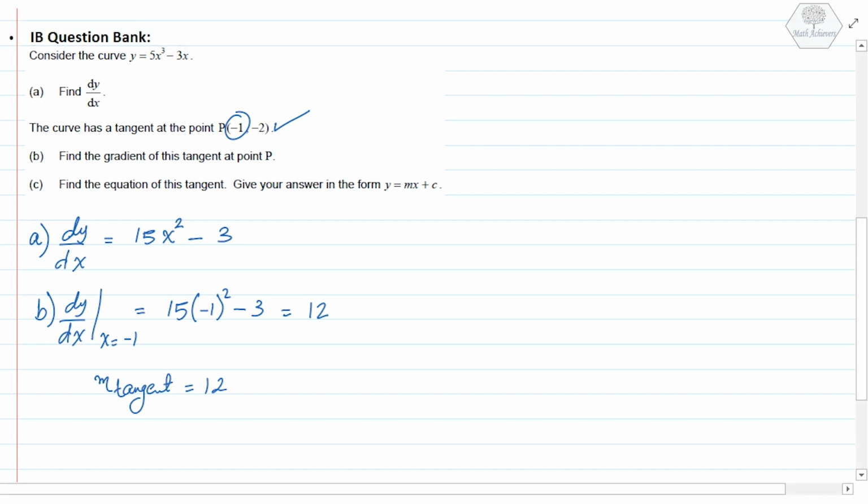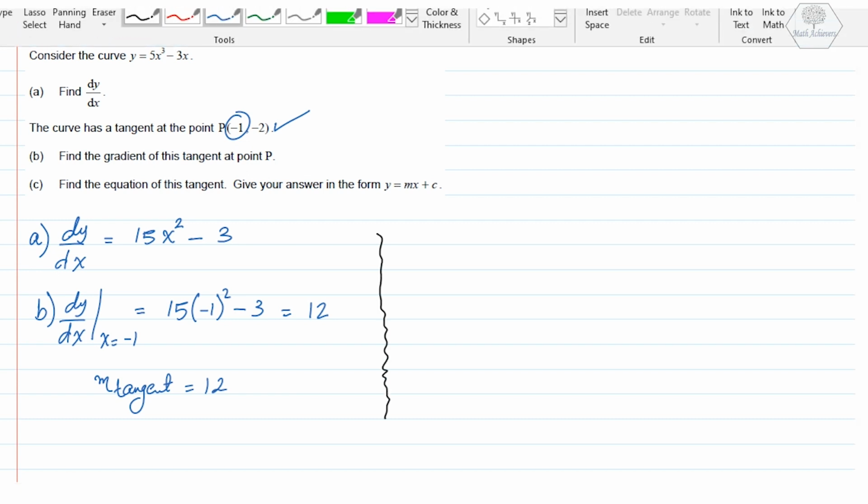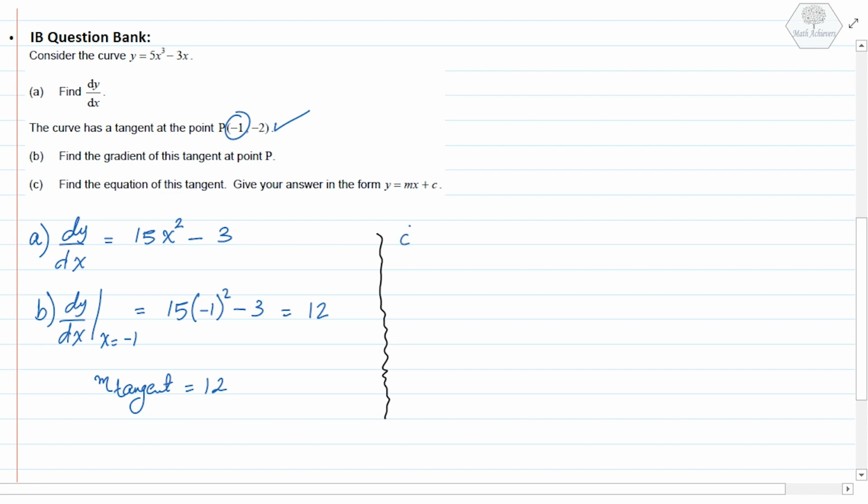Now for part C, find the equation of this tangent, give your answer in the form y equals mx plus c. So to find the equation of this tangent, I use y is equal to 12x plus c, because I know the gradient is 12. And then I use my point, which is (-1, -2), to find the value of c.